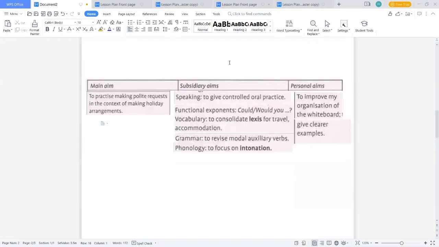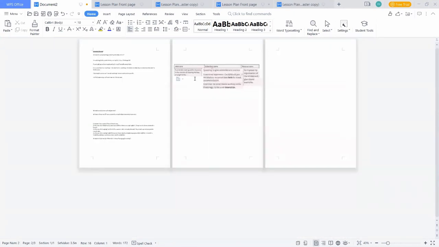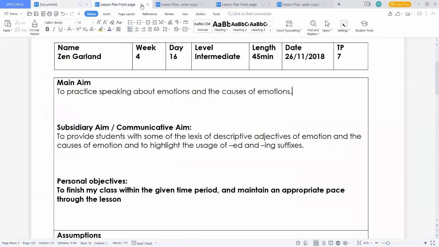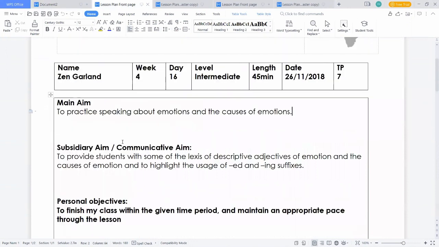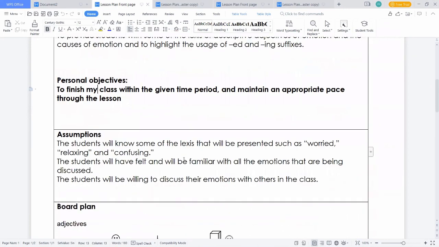Now that we've looked at aims, we move on to the next part. You've got your main aim, your sub aims, and personal aims.